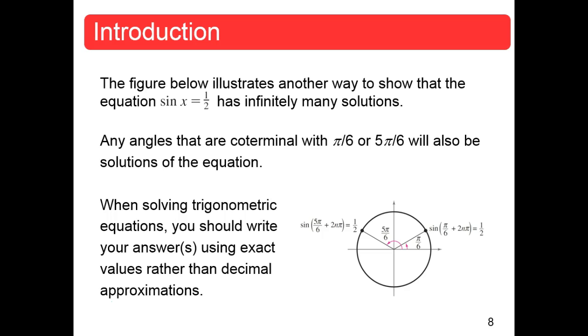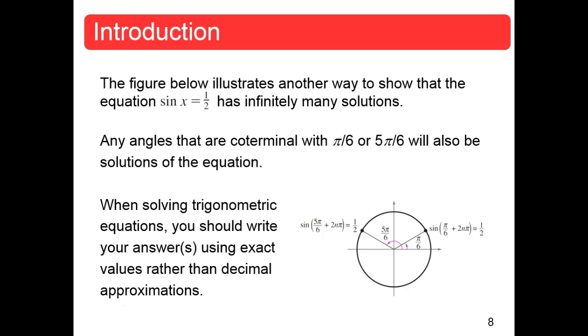And we knew that to be pi 6, but also over here, it's 1 over 2, so 5 pi 6 as well. And then if you keep going around in circles, you add 2n pi to each of those. Okay. That's all your coterminal angles with those two.